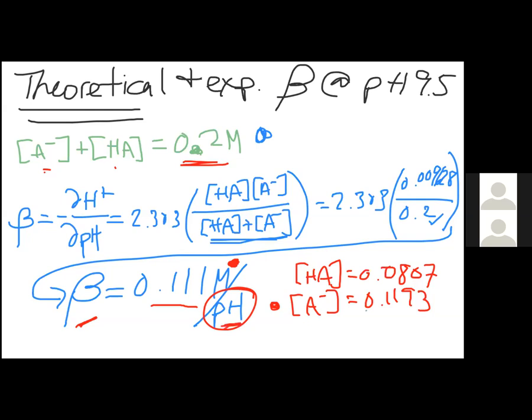So in this case, at pH of 9.5, we'll need a change of 0.111 molar of the titrant in the solution to change the pH by 1. So that's essentially the theoretical value that we get at pH 9.5 for the histidine hydrochloride solution.